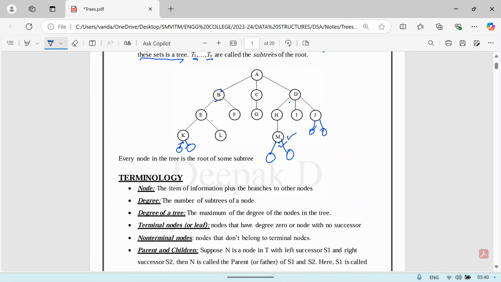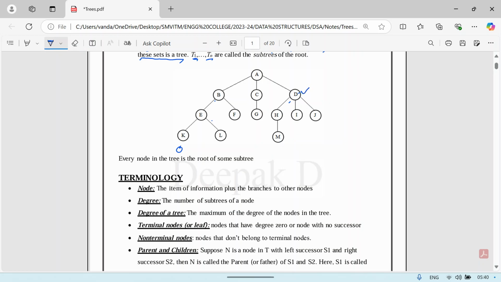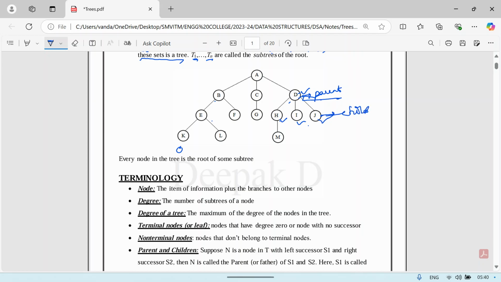Likewise, parent node and child node. See here, let me consider this one. D becomes the parent of H, I, and J. So this is the parent node, and these three, H, I, and J, are the child nodes of it. For a given node, if there is a successor, that successor becomes the child node.